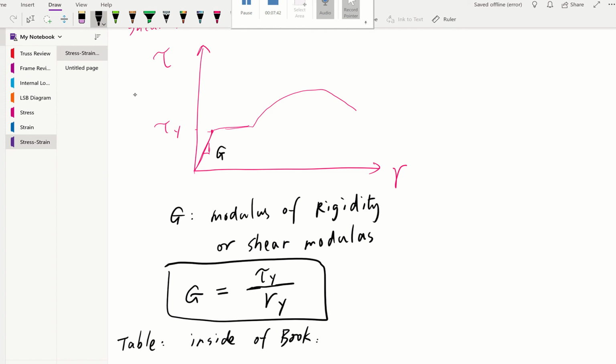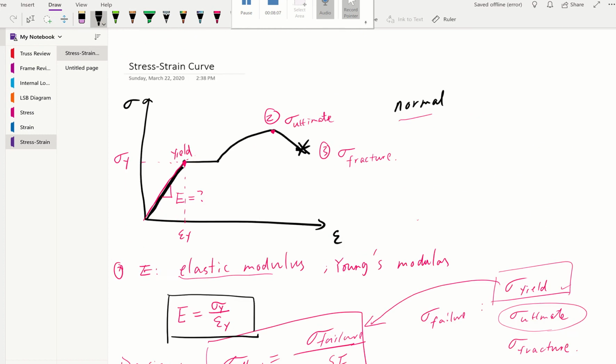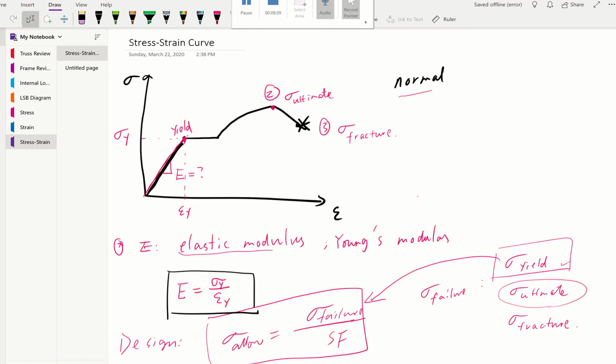You can find your yield, you can find shear, you can find Young's modulus or modulus of elasticity, or you can find the modulus of rigidity or shear modulus. All this information is in there. So start looking at that, using it to solve your problems. Okay, that's all for a quick review on the stress-strain curve.